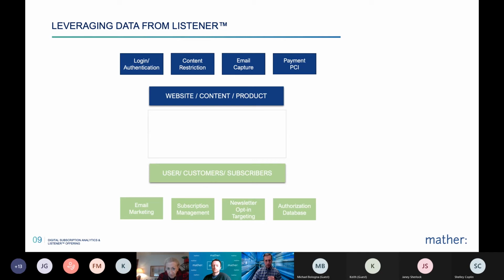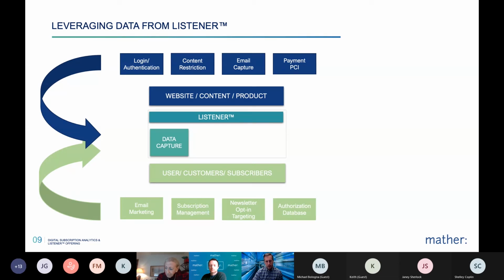So we have a listener pixel that we use to capture the online activity, the events on the page. We bring that together with the offline subscriber data that I mentioned. You can see that the timeline is a continual online feed from the online sources, and then a daily update of the user data.